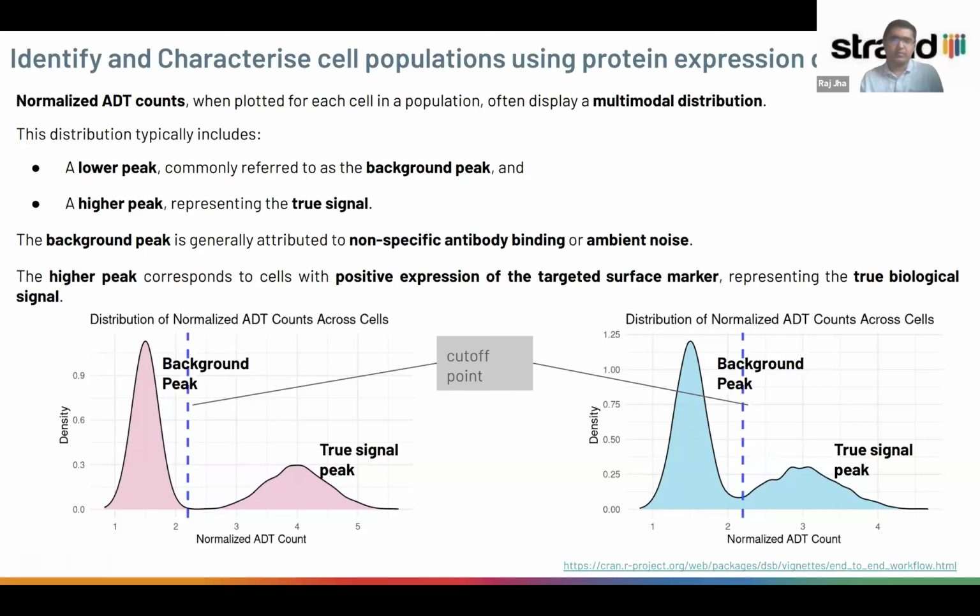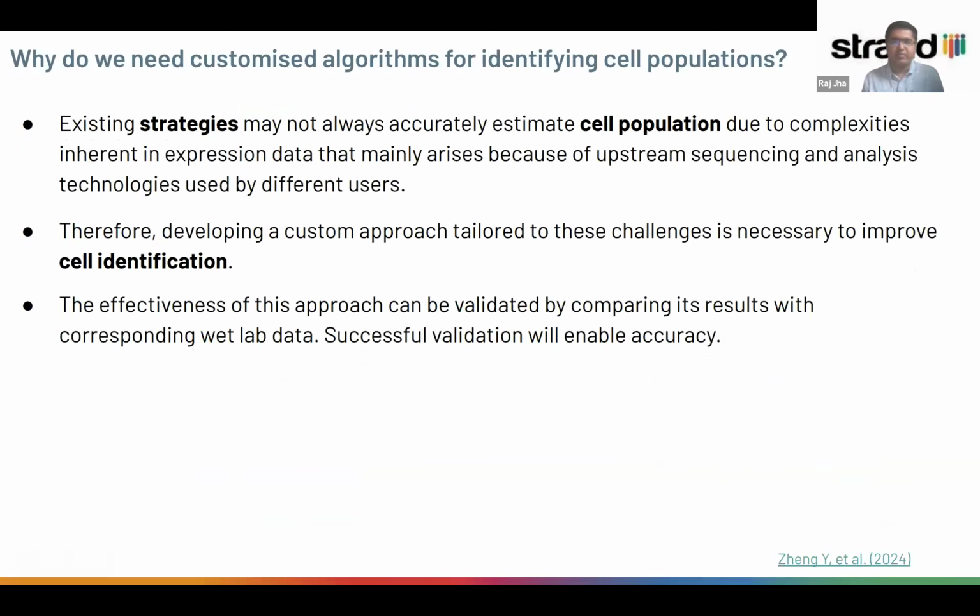There are other methods of doing cell type annotation, which can be SingleR and stuff like that. But why do we need customized algorithms? We need that because existing strategies cannot always correctly estimate the cell population. It is due to the complexities in expression data, which mainly arise from the different upstream sequencing and analysis technologies that are used.